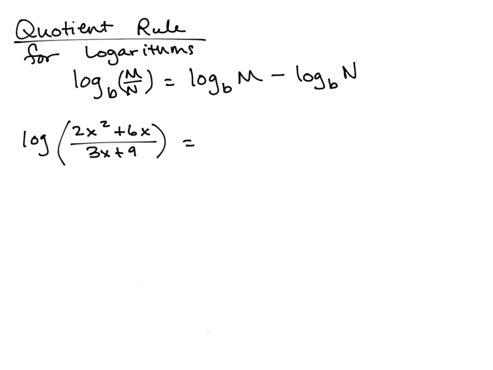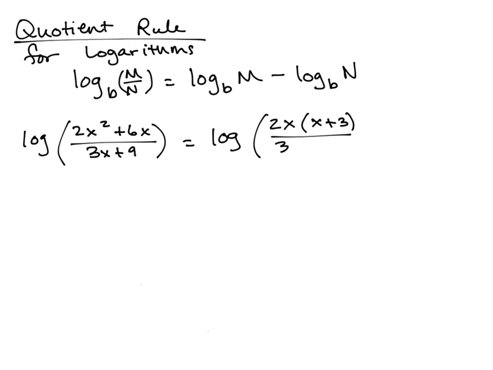Okay? So look at this argument. Do you see anything in the top that we could do to simplify 2x squared plus 6x? You could pull a 2x. Do y'all see that? So I could rewrite this as log of 2x, and when I pull the 2x, what's left? X plus 3, good. And on bottom, what could I pull?